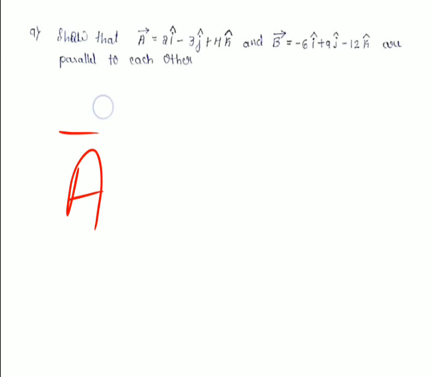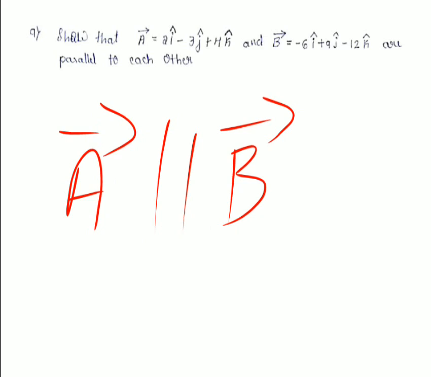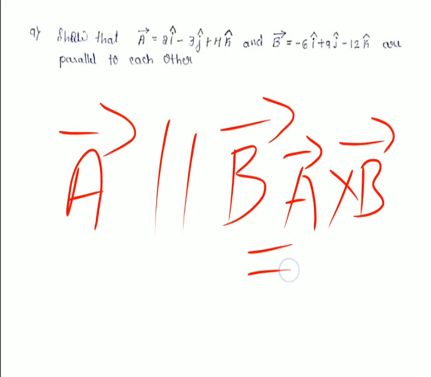That is, vector A is parallel to vector B. So, in order to prove that vector A is parallel to vector B, apply the cross product, that is A cross B is equal to 0.